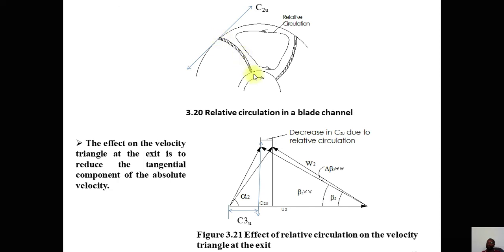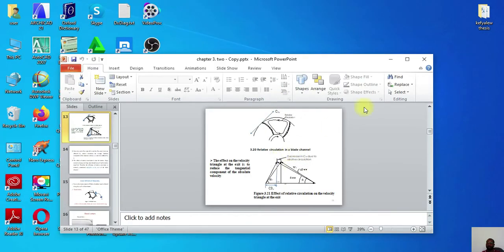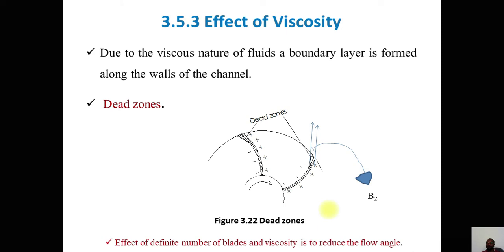Therefore, at the narrow side, there is no influence. That's why the relative circulation influence is negligible at the inlet of this channel, on the narrow side.